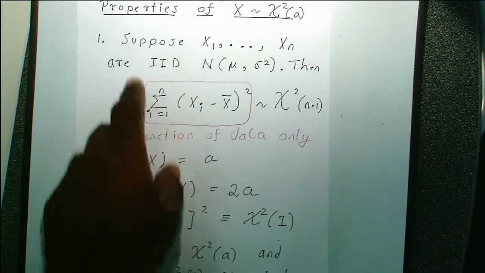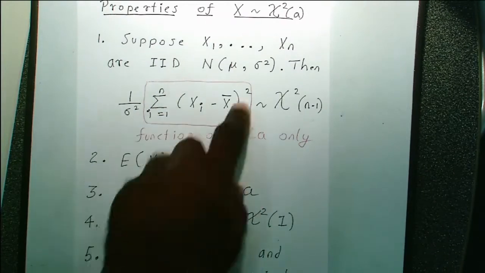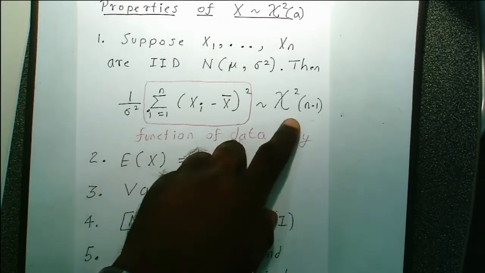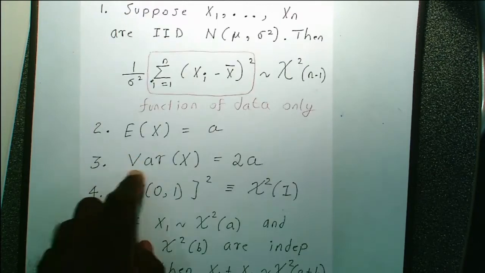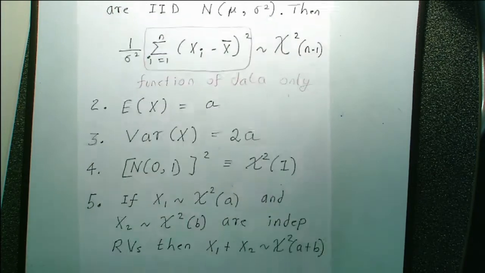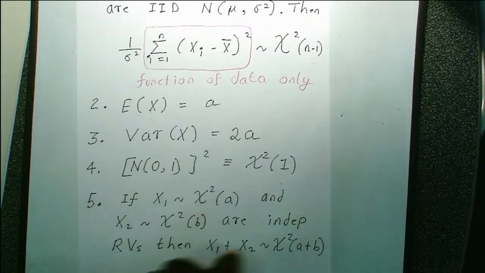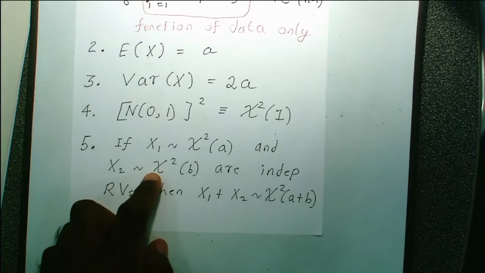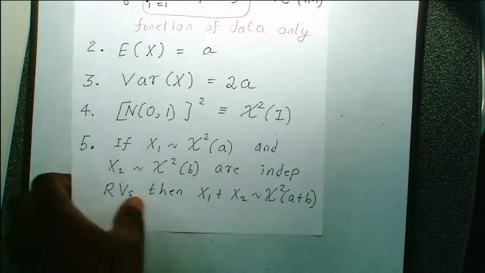The first property says that a function of the data, which involves only the data itself, has a chi-squared distribution with n-1 degrees of freedom. The expectation and the variance are a and 2a. The square of a standard normal variable is chi-squared with 1 degree of freedom. And if you have 2 independent chi-squared variables, then their sum is also a chi-squared variable.